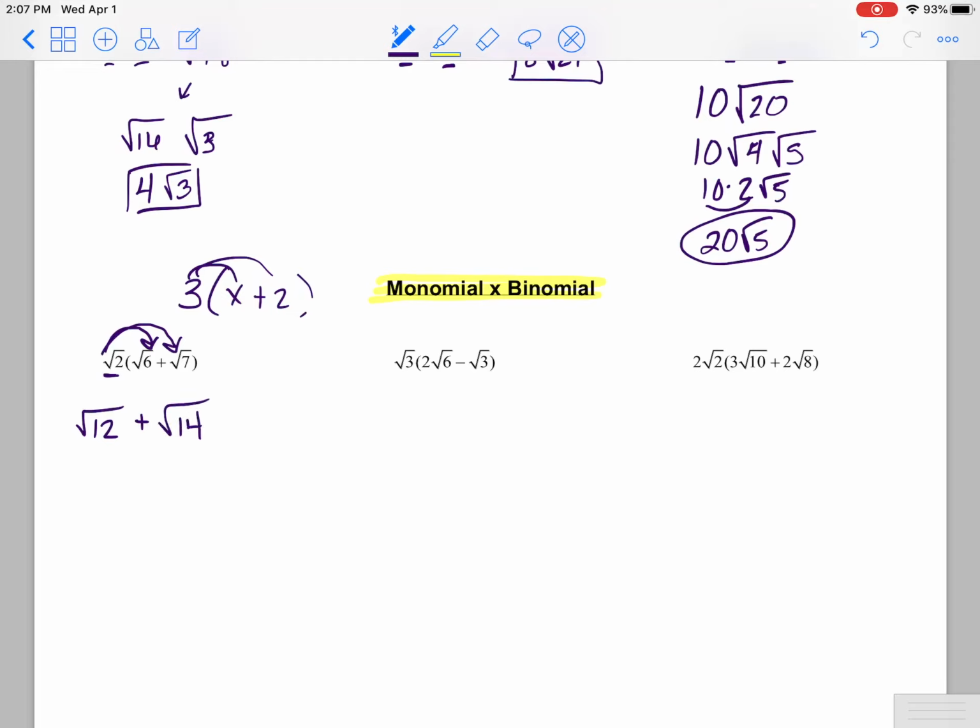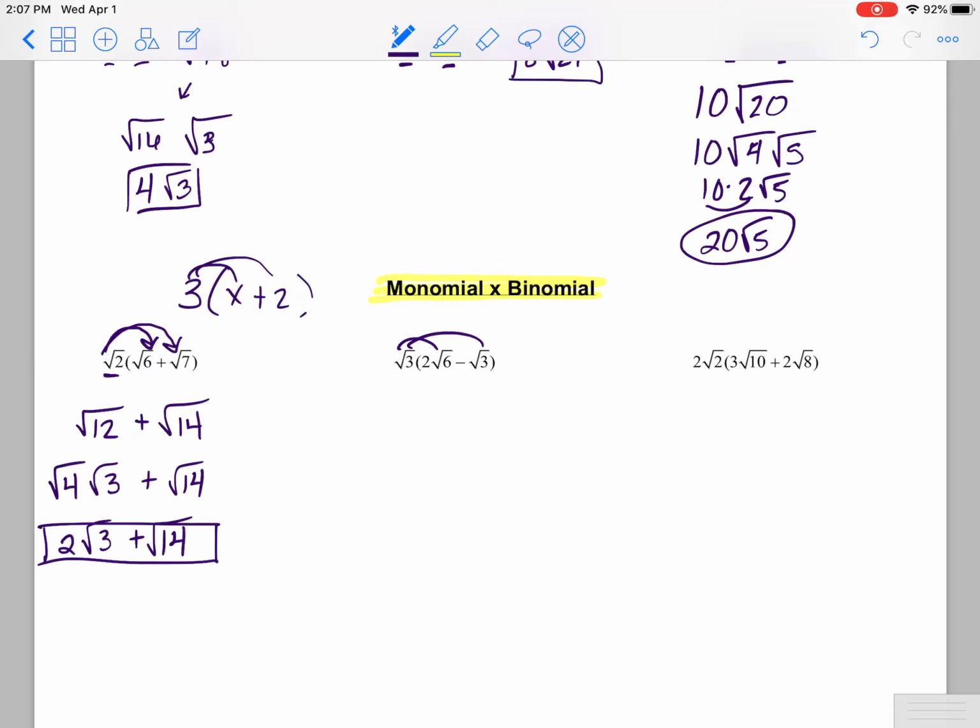Well, that gets me radical 14. And again, ask yourself, can you simplify these? I know this one I can break up into 4 and 3. And radical 14, actually you can't break down. So my final answer would be 2 radical 3 plus radical 14. Now remember, you cannot add those radicals because they're unlike.